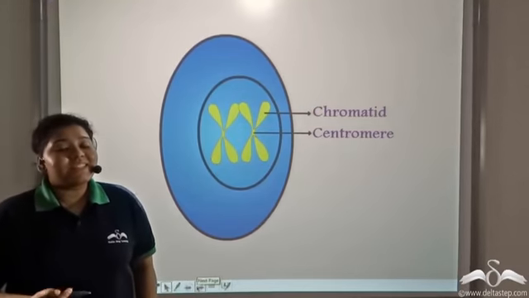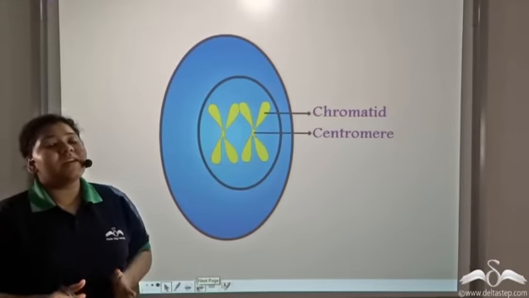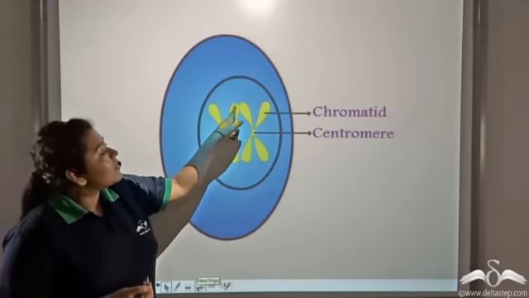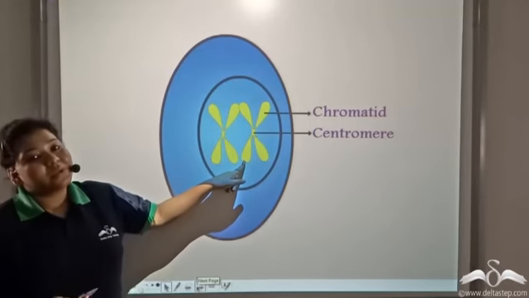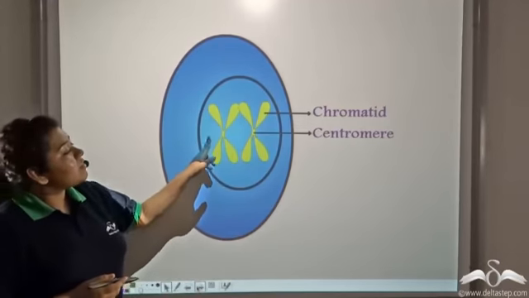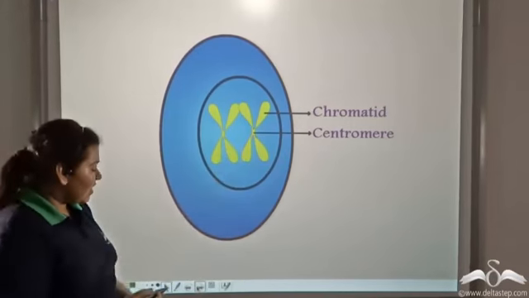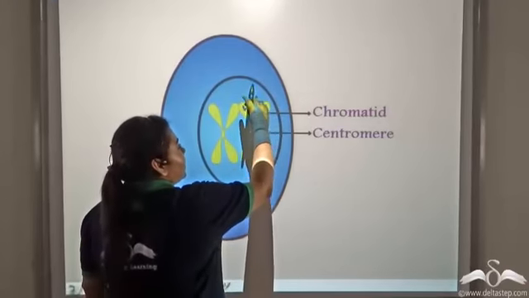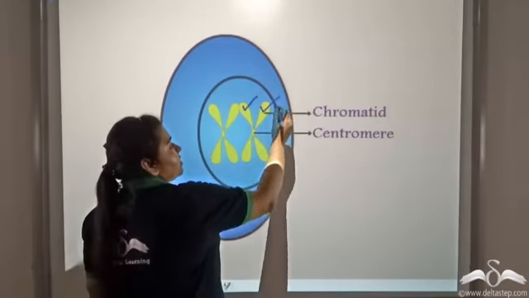Now, during cell division, the chromatin fibers further coil and condense to form this thick structure known as the chromosome. The chromosome has two identical strands known as chromatids. See, this one is identical to this strand.